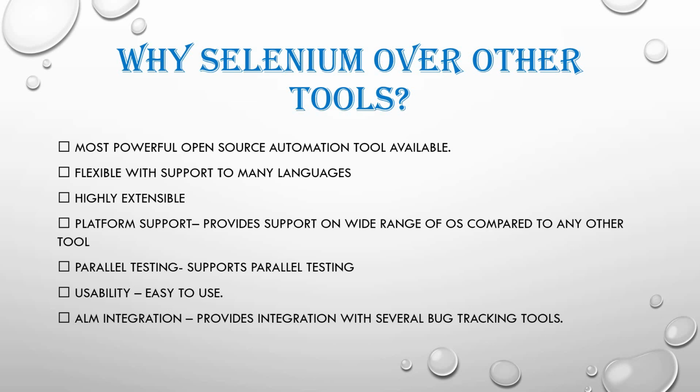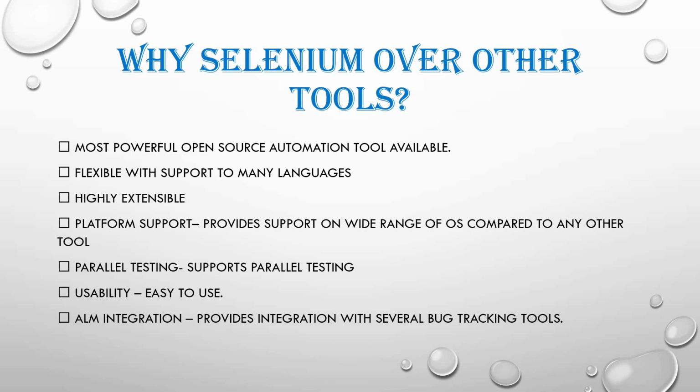It is highly extensible. By extensible, we mean that we can integrate Selenium with other open source automation tools or defect management tools that are available in the market. So we can increase the scope of Selenium by extending it and integrating it with other open source tools.